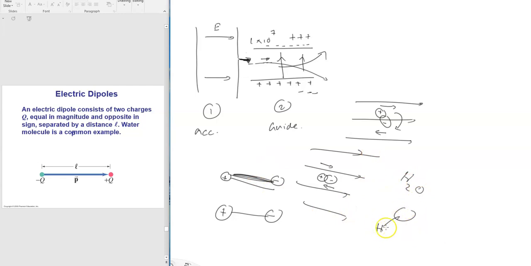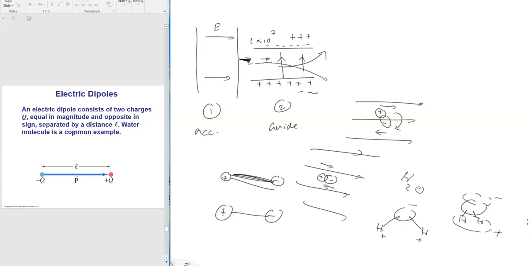Oxygen and the two hydrogens. Oxygen is negative, the hydrogens are positive, so it kinda looks like, it's a bad diagram, the two hydrogens here, it's kinda more positive on one side and a more negative area. So this is a dipole molecule. H2O is a famous dipole example.